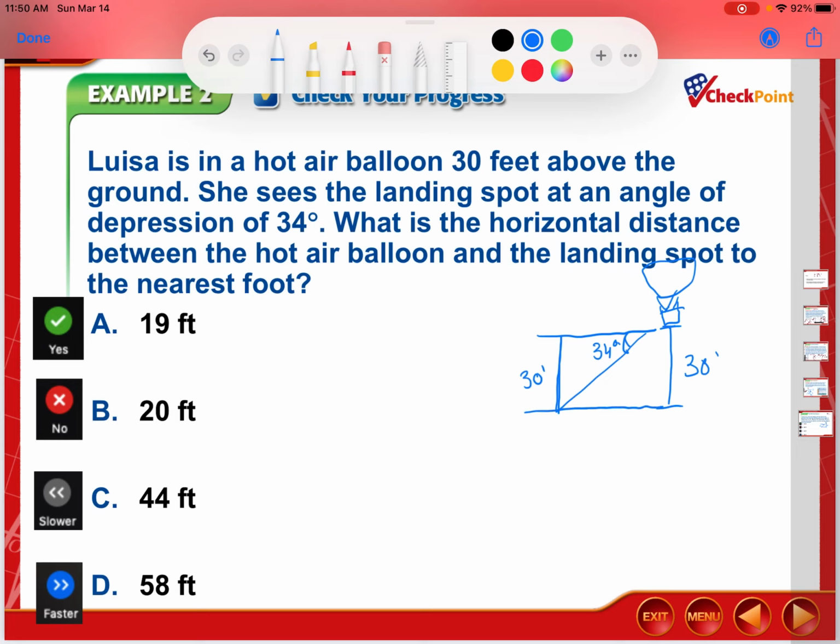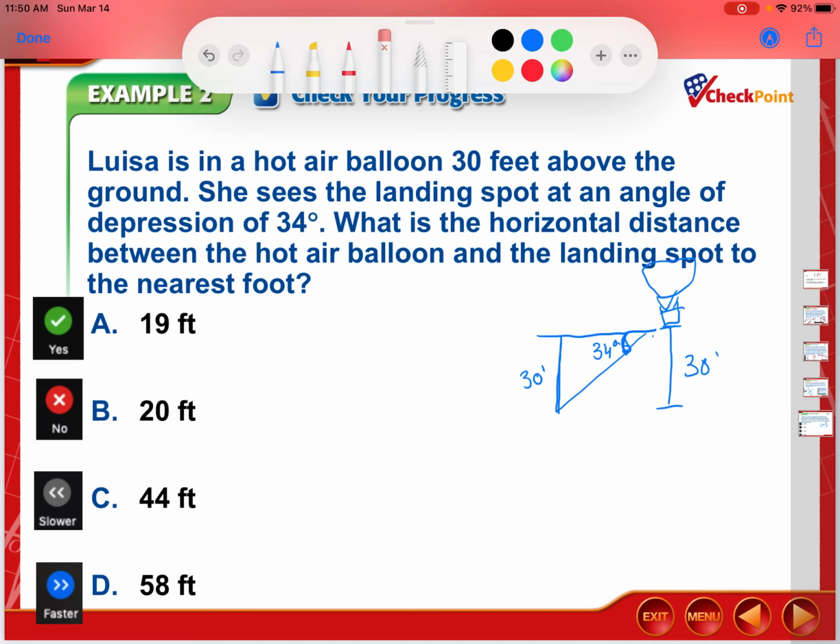Or what I could do is I could say we have two parallel lines, so this angle is also going to be 34 degrees. So 34, 30 feet, 90 degrees, and then our unknown. So you could do it either way. Personally, I'm going to do it the first way we talked about just because I think that's easier.